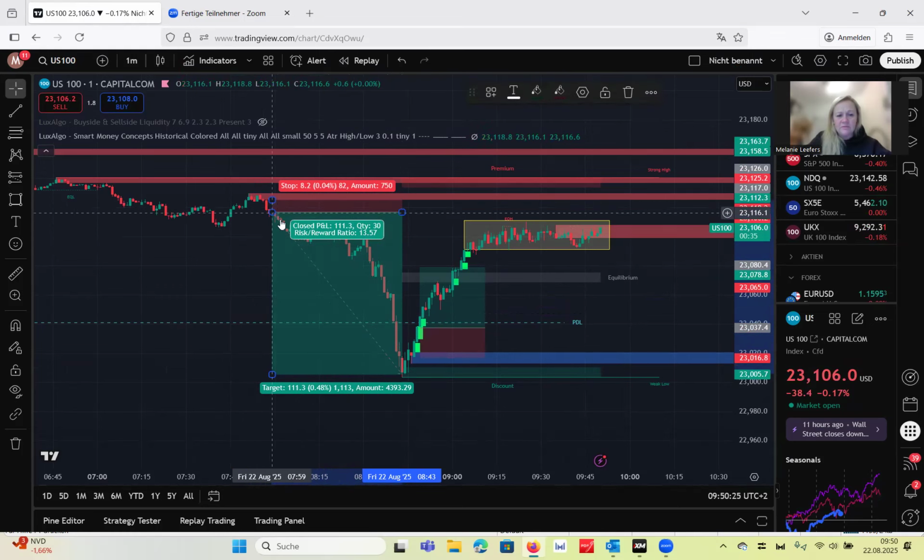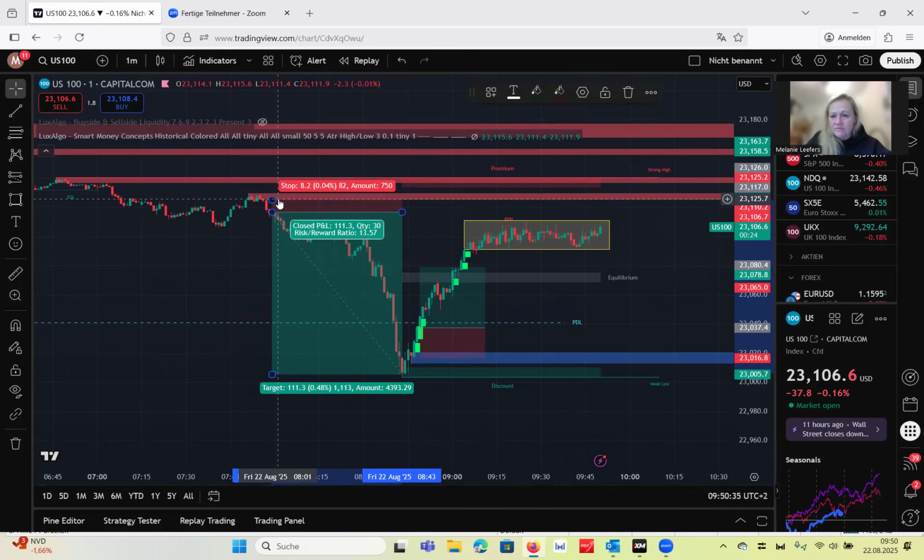As you can see, it was a stop loss of, what is this, 16,25.10. Not even 10 points on NASDAQ. And that would have been the profit if you would have let it run and not take it out at the 1 to 2.